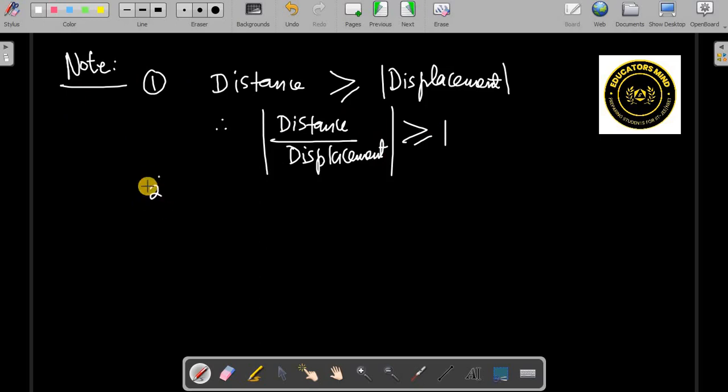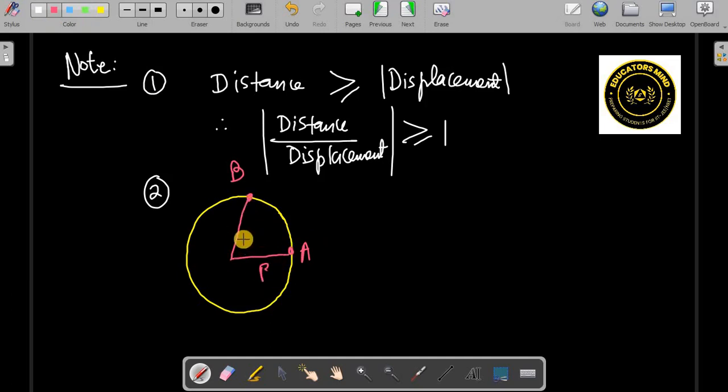Okay, next you should note what will happen in cases where there is a circular kind of motion. For example, suppose a body is going in a circle like this. Now let's say the body goes from point A to point B, and the radius of this circle is r, and it has moved an angle theta.